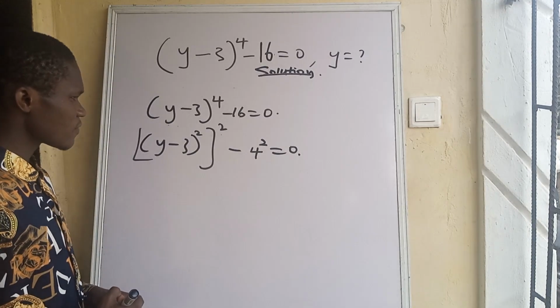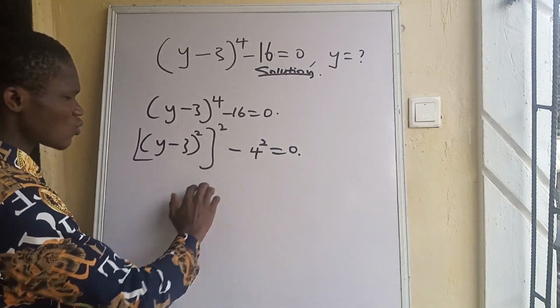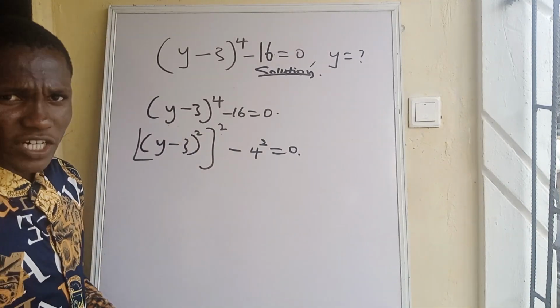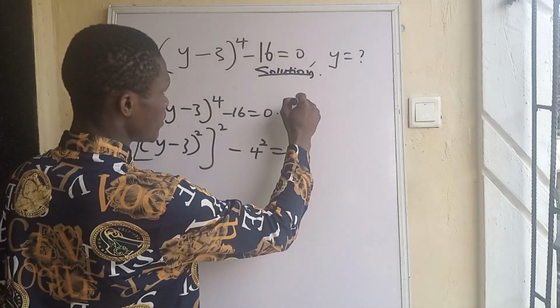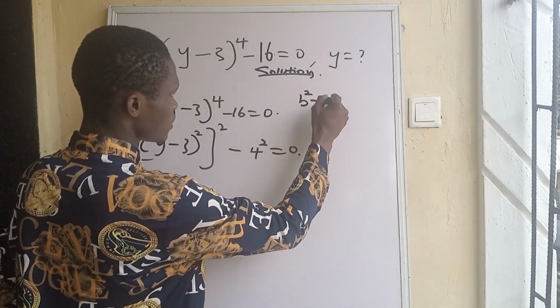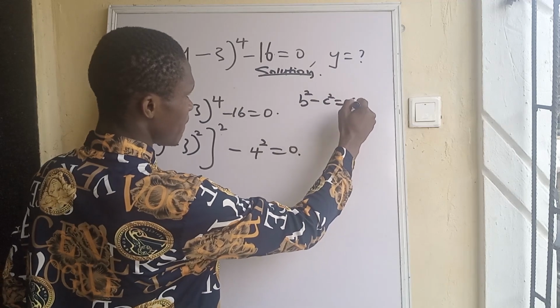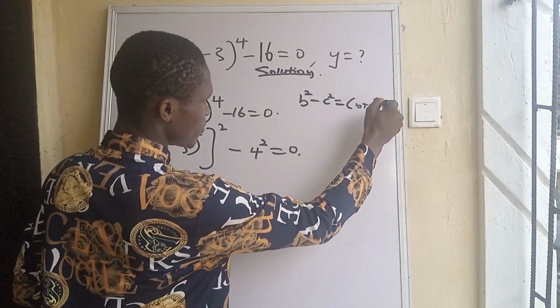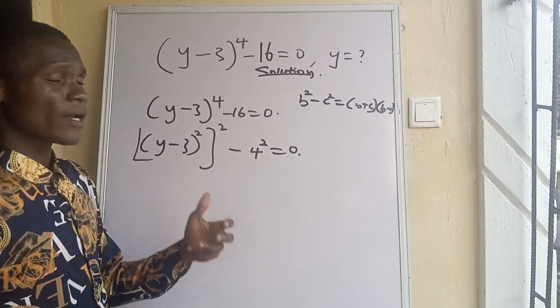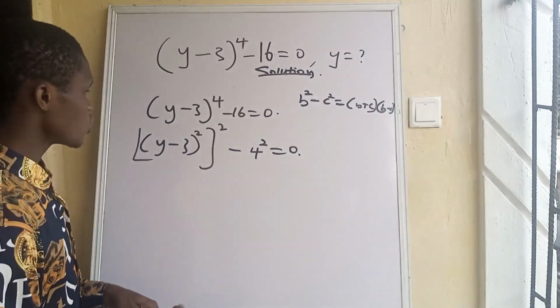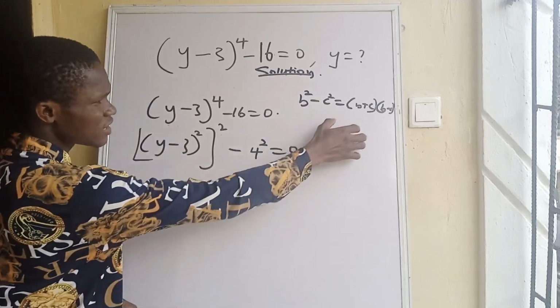Having done this, we can simply apply the difference of two squares, which says if we have b to the power of 2 minus c to the power of 2, it is also equal to open bracket b plus c close bracket, open bracket b minus c close bracket. So this is what we call the difference of two squares. After having this, we can simply relate this to this.